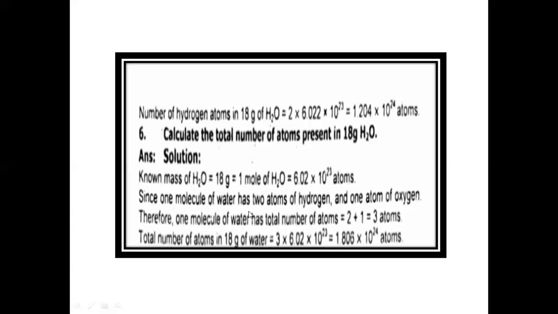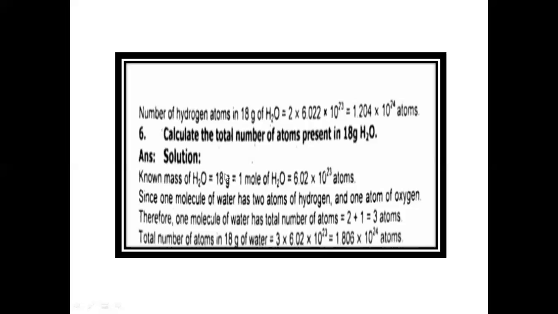One molecule of water has how many hydrogen and oxygen? 2 hydrogens and 1 oxygen, so 3 atoms in total. Then Avogadro number of water molecules, or total number of atoms in 18 grams of water, will be 3 × Avogadro's number. So you will get the answer.